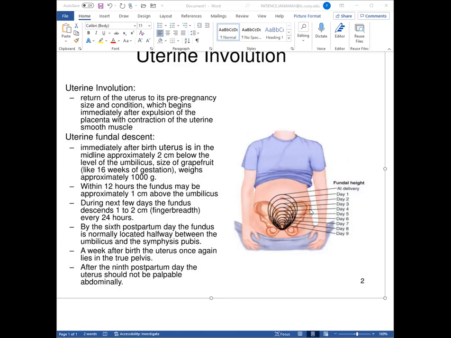But a tender, firm uterus also indicates infection. Approximately by 10 days, you shouldn't palpate to feel anything.